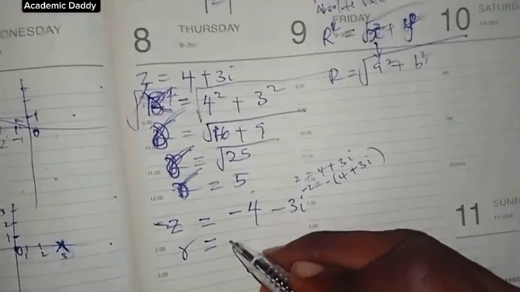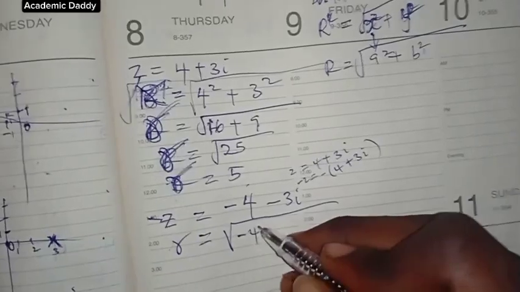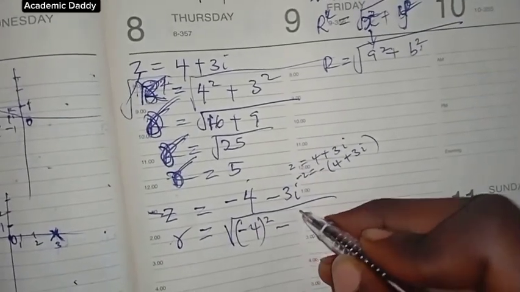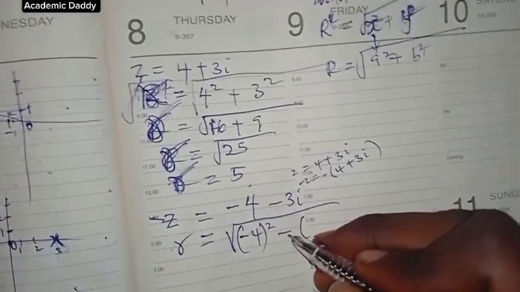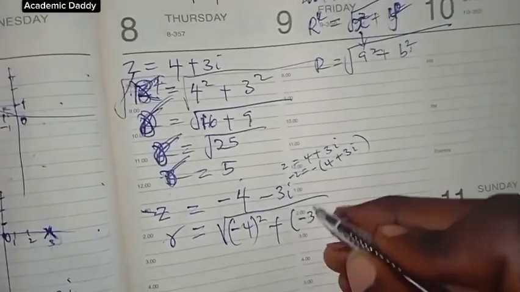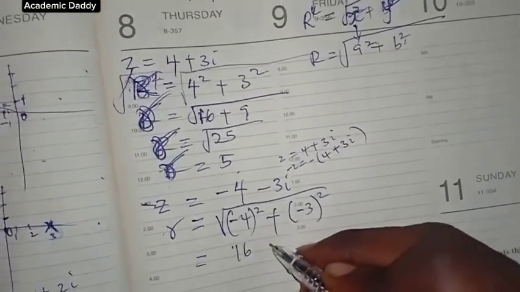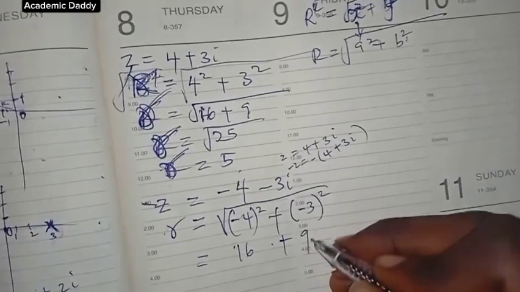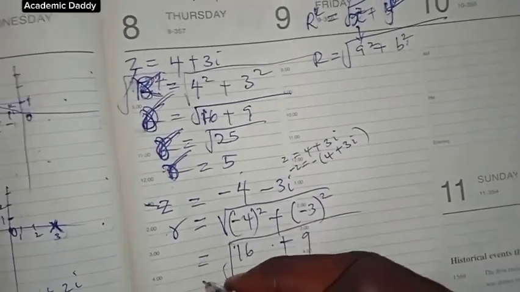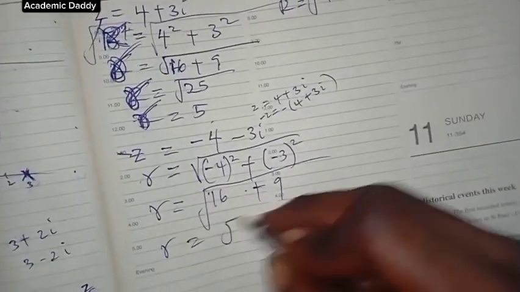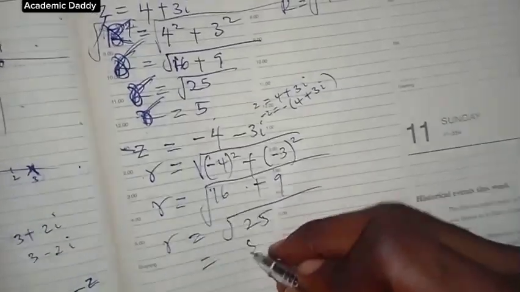The modulus will simply be the square root of minus 4 squared plus minus 3 squared. This gives you 16 plus 9, which is the same thing as 25, so 5.